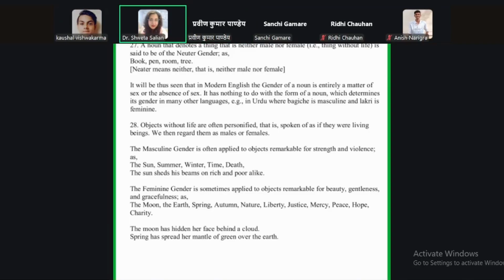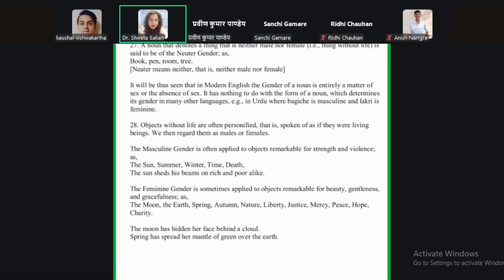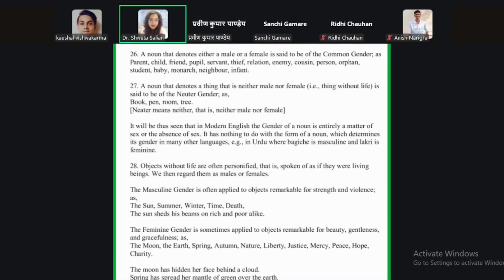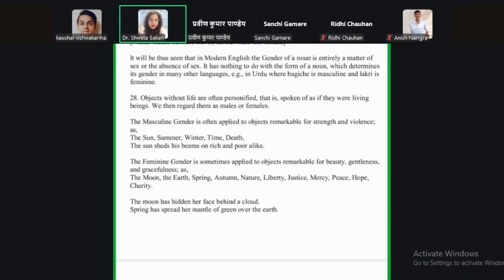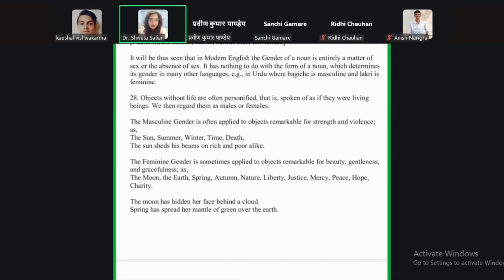See what is written in number 28, the second line: objects remarkable for strength and violence are masculine. Masculine is generally associated with strength and violence, and feminine with beauty, gentleness and gracefulness. So the moon, the earth, spring, autumn, which are delicate, are given the feminine gender.